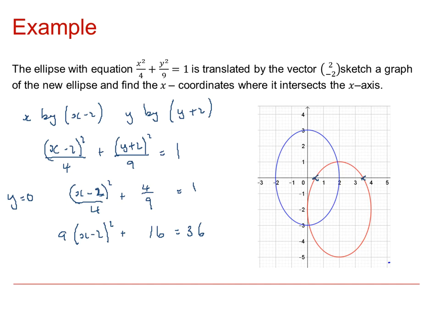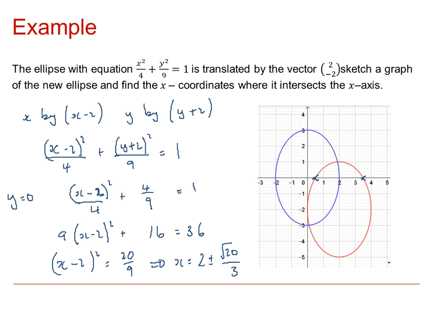And that means that (x minus 2) all squared must be equal to 20 over 9. And so taking the square root of that and adding 2 means that x is equal to 2 plus or minus the square root of 20 divided by the square root of 9, which is 3.